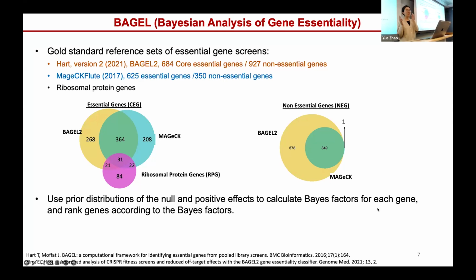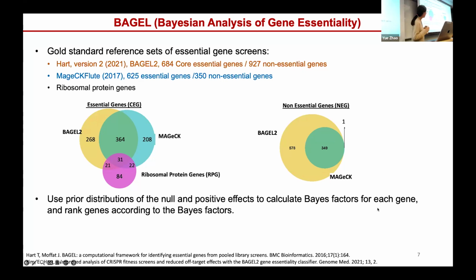And let's go back to BAGEL. What BAGEL does is it uses the prior distribution of the non-essential genes, that's the non-effect here, and also the positive effects from the essential gene list. So BAGEL utilized the prior information of these two lists, the core essential gene list and the non-essential gene list, to calculate the Bayes factor for each gene.